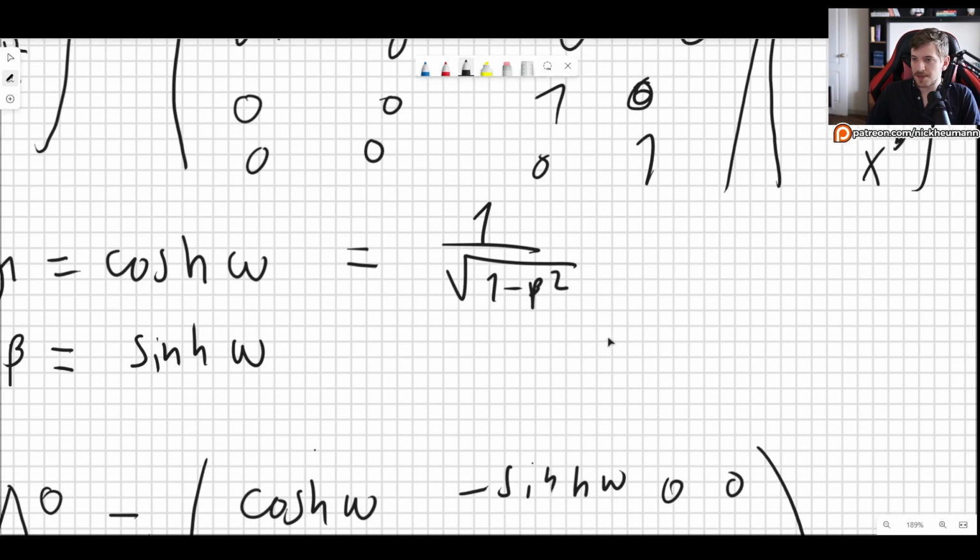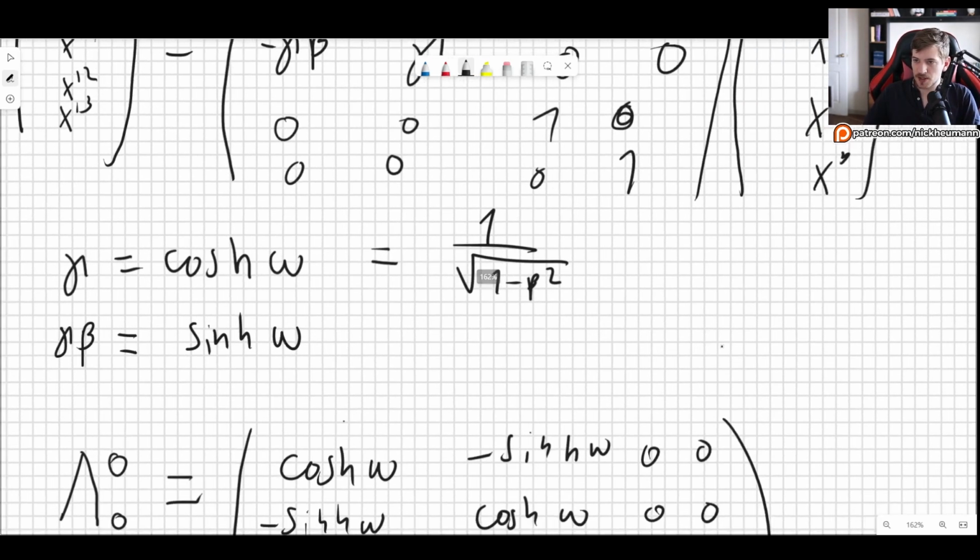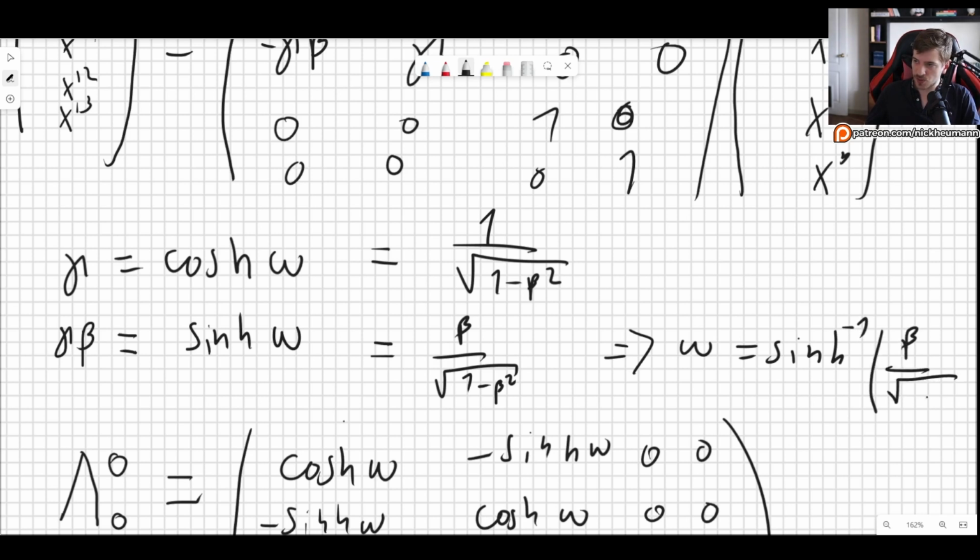And that just means that our parameter omega, looking at the sine, for example, would be the inverse hyperbolic sine of beta over the square root of 1 minus beta squared.